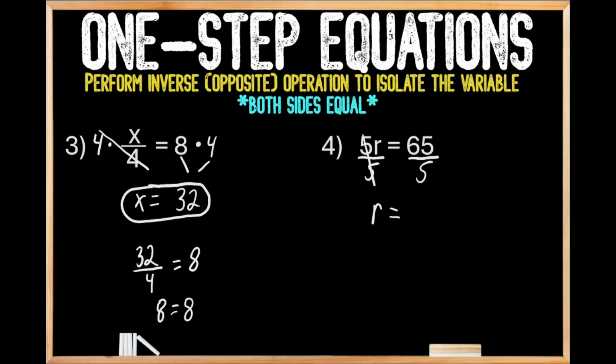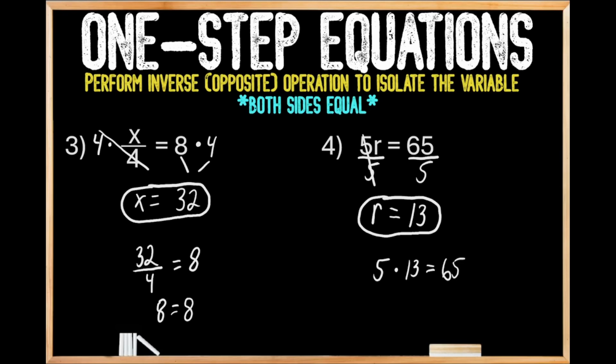And then on the right-hand side here, we have 65 being divided by 5, which we know gives us 13. So r is equal to 13. Now we are going to double check this just to make sure we have the correct answer here. So we have 5 times 13 equals 65.